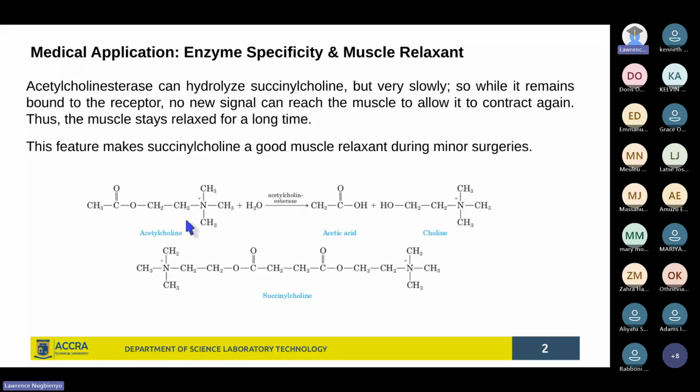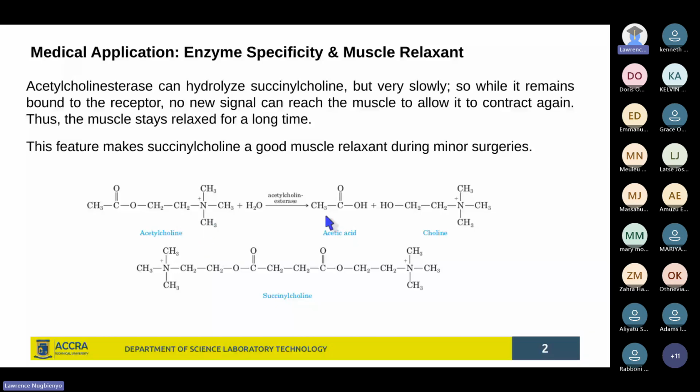So that when acetylcholine is attached to muscle cells, they give the signal to the muscle to contract. And then over time, acetylcholine esterase catalyzes the hydrolysis of acetylcholine.